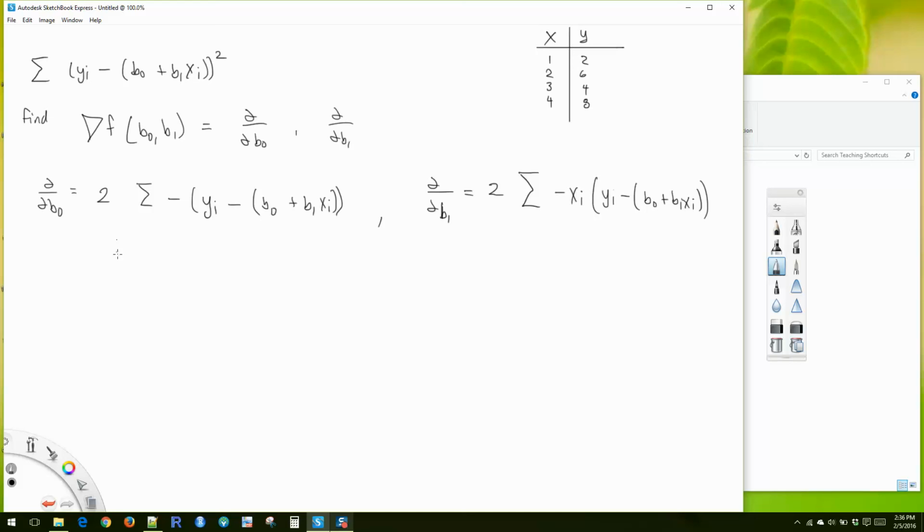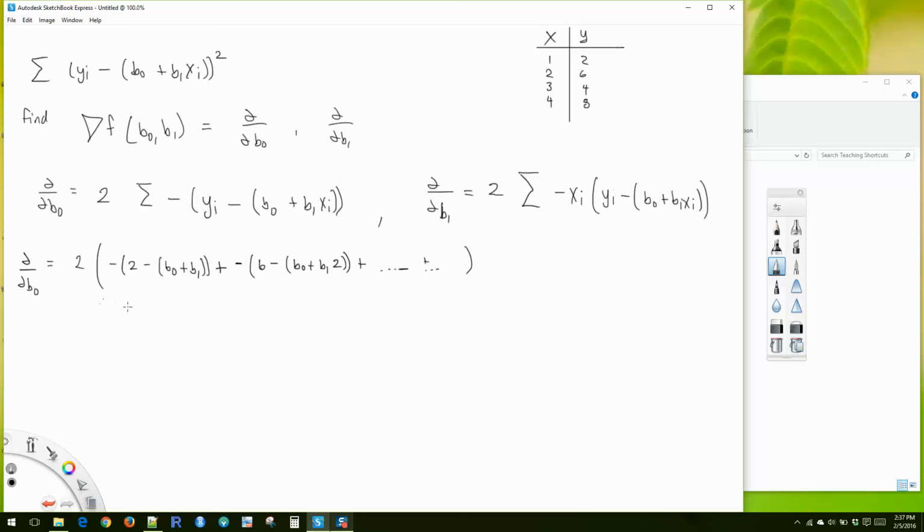So the full gradient with respect to b0 is going to be 2 times the sum of minus (2 minus (b0 plus b1 times 1)), plus the next one, which is minus (6 minus (b0 plus b1 times 2)), plus etc., etc. I would have to do this for all 4 points.